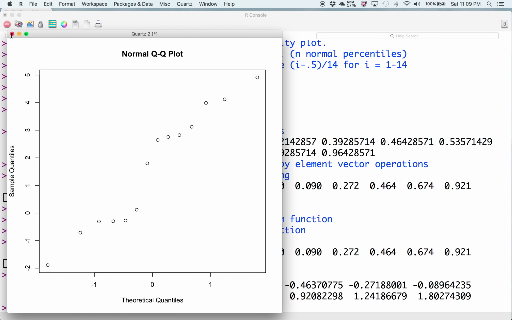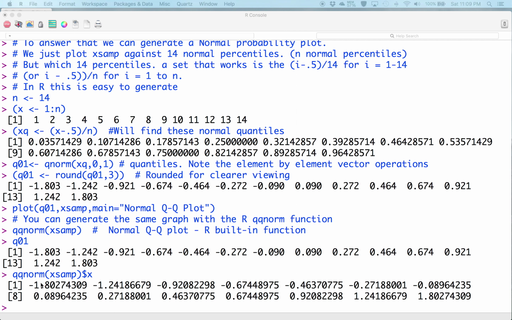Let me take the graph away. And notice what you have. Here are the exact same values that we generated before. They're not rounded here yet. And that's how we might generate a normal probability plot with R.